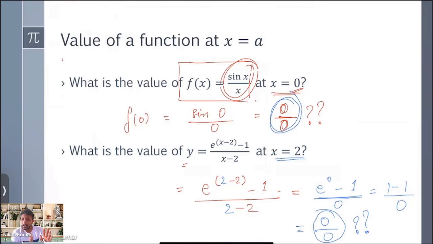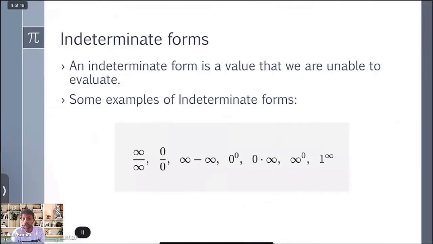We have many different forms like these, like 0 by 0, which are not defined in mathematics. We call those indeterminate forms. What are some of those forms? Let's look at some examples. Infinity by infinity. Now, this thing is also not defined in mathematics.